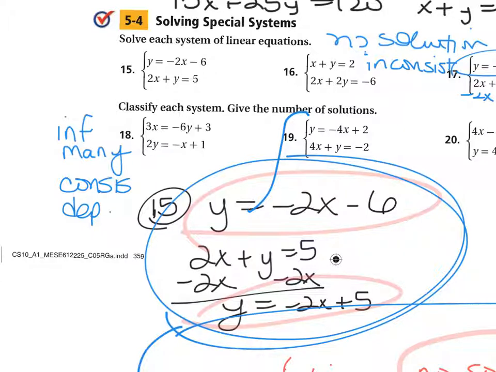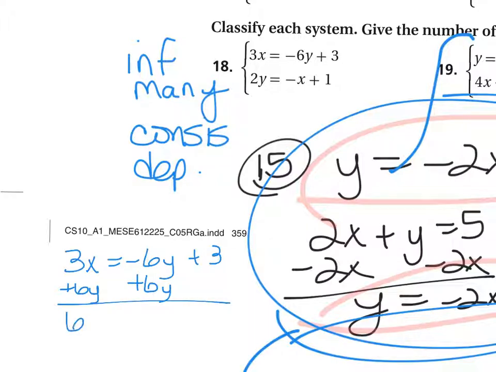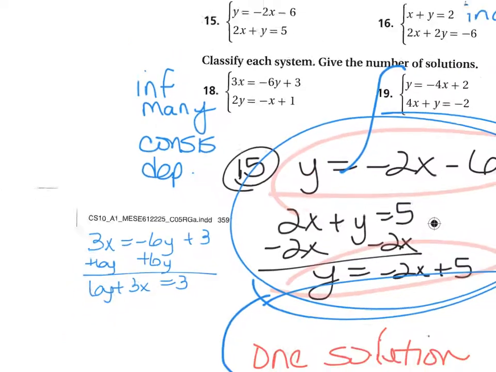All right, so let's do that. So 3x equals negative 6y plus 3. We need to get y by itself. So did you move the 3 over? Or did you move the 6 over? Okay, all right, so let's move the 6. And plus 3x equals 3.